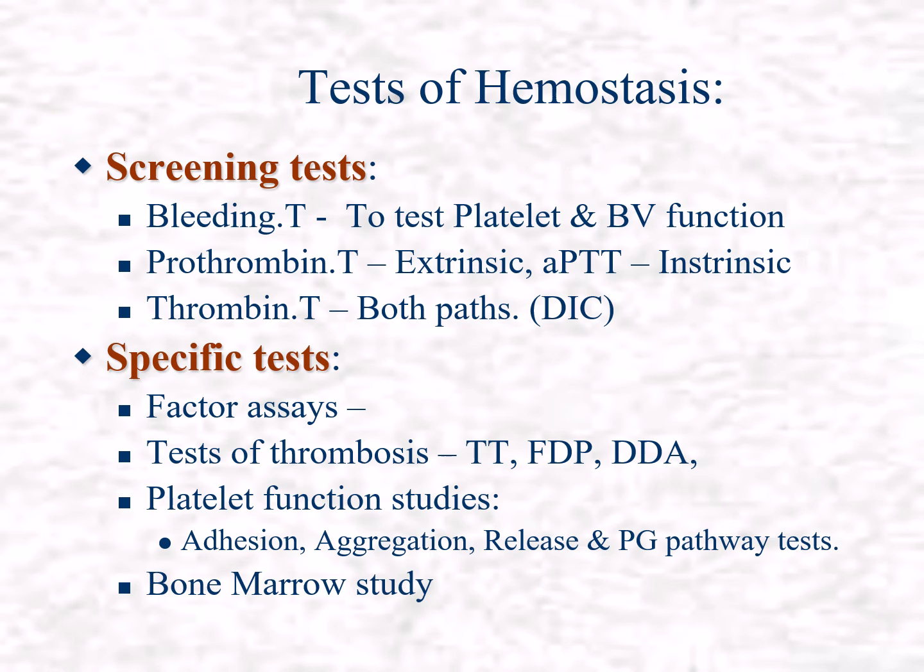And APTT or activated partial thromboplastin time, that's a test for intrinsic factors. Thrombin time, so this is a measure of both the intrinsic and the extrinsic pathway, including the common pathway. So this is also a test for disseminated intravascular coagulation.